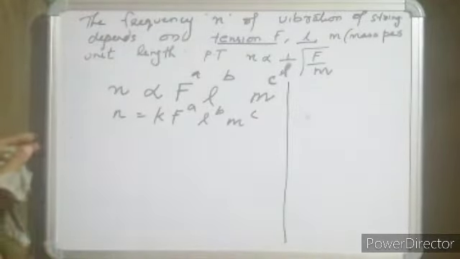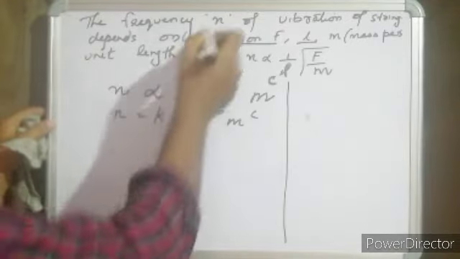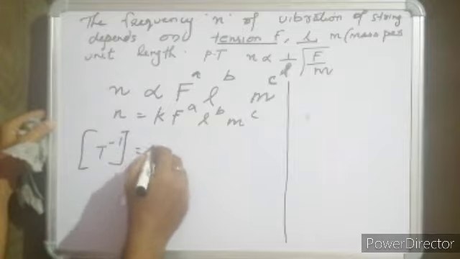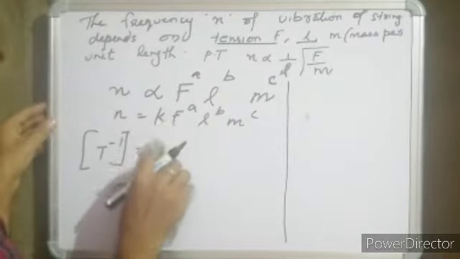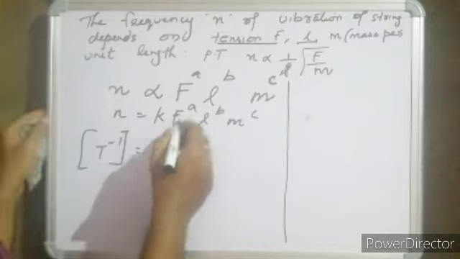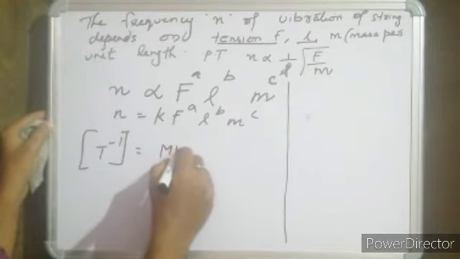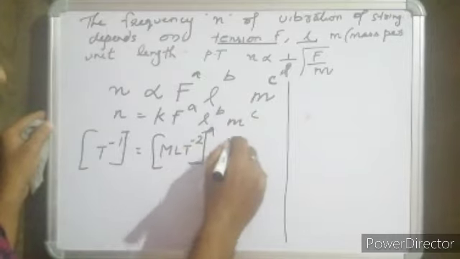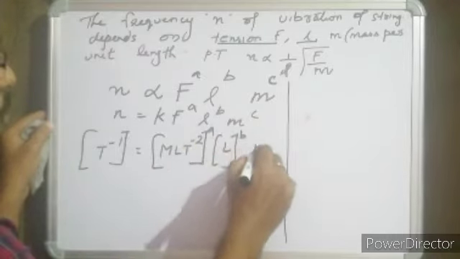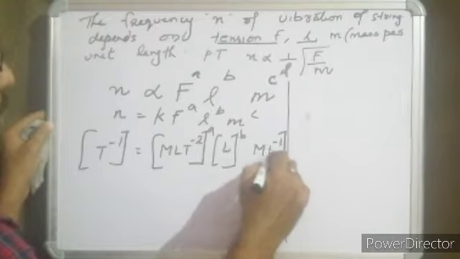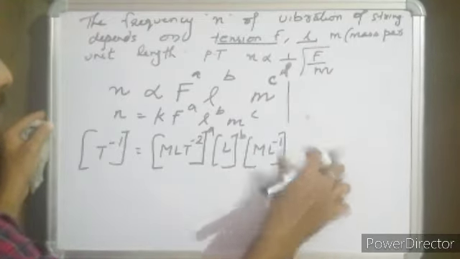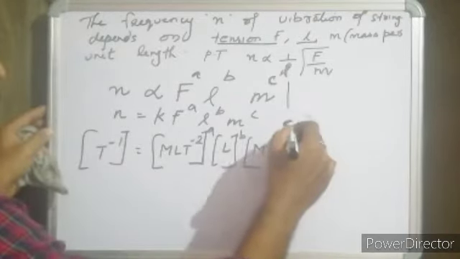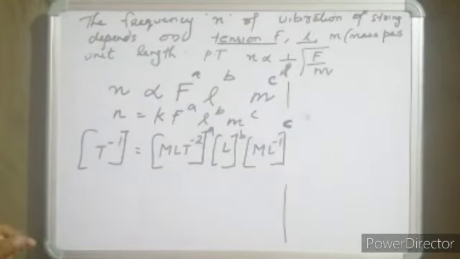Now I can write the dimensions, right? So frequency has dimension T to the power minus 1. K is a constant, I can leave it, just ignoring it for the time being. So F again is M L T raised to minus 2 to the power A, into L to the power B, into M L raised to minus 1, the whole power C. Again mass per unit length, so M L raised to minus 1.